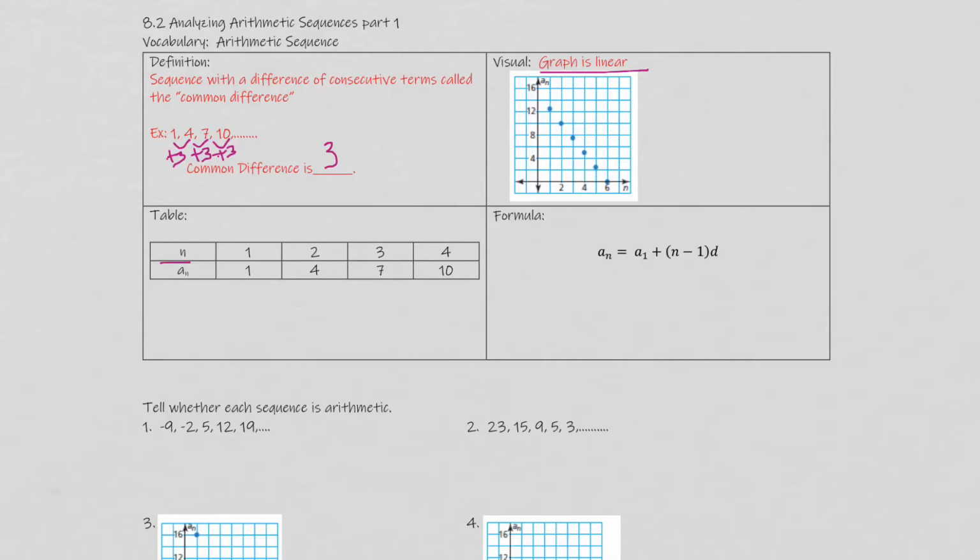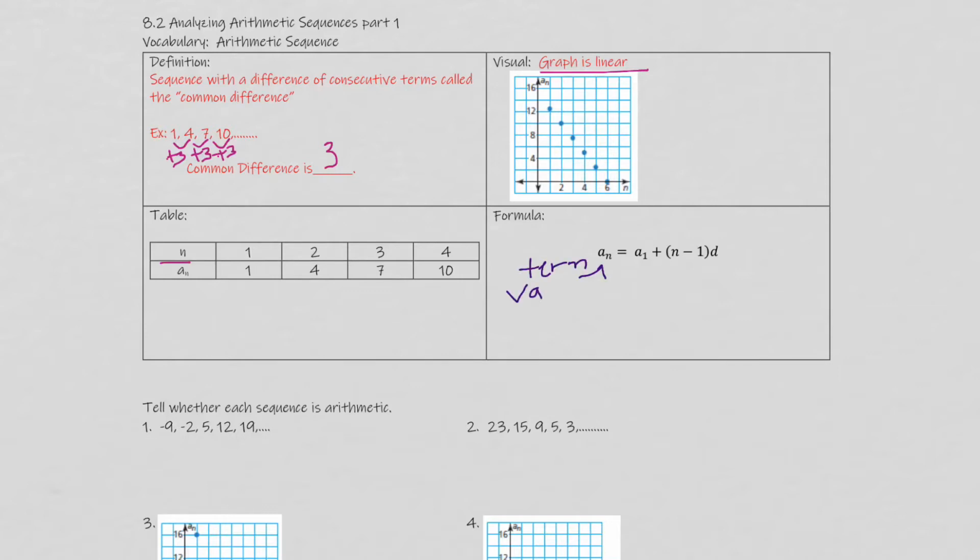Then we actually have a formula for it, and I will explain this to you, and we're going to use it today. My formula is a sub n equals a sub 1 plus n minus 1 times my common difference. I want to explain these different pieces for you. My a sub n is actually my term value.